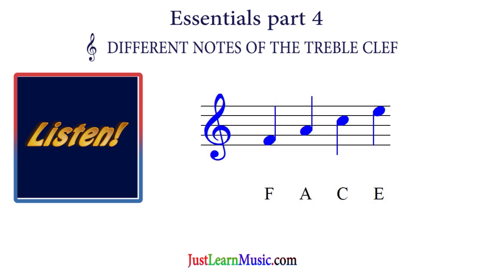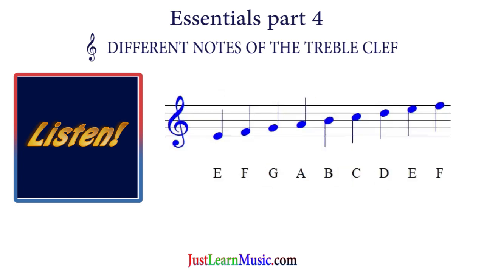The first is F, second is A, third is C, and the fourth is E. We use these two to identify the notes that appear on and between the musical staff.